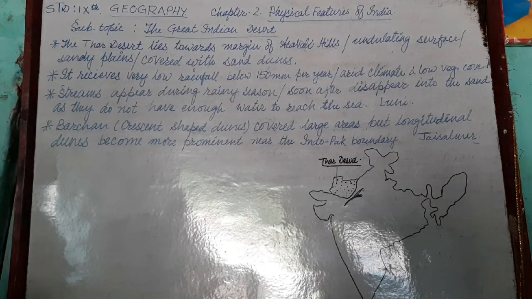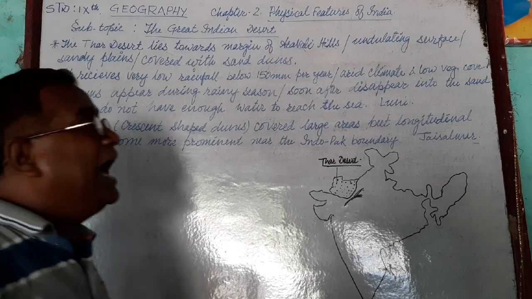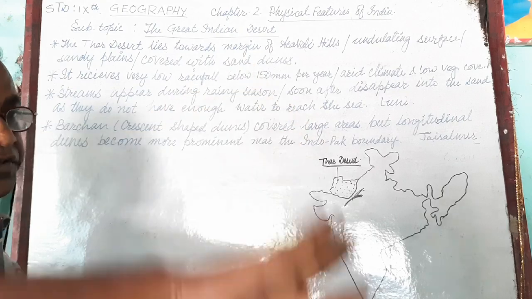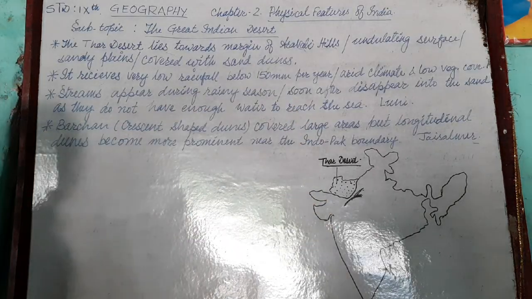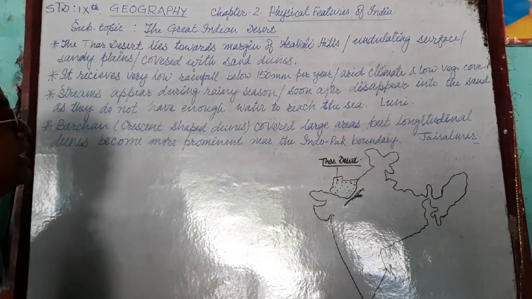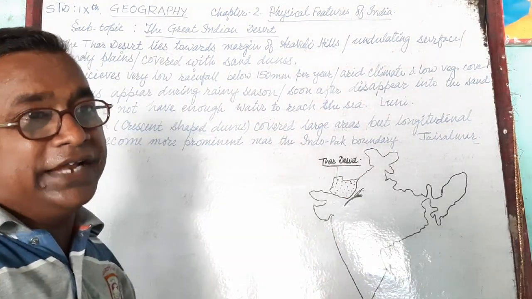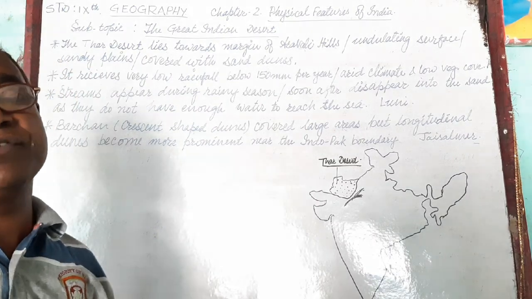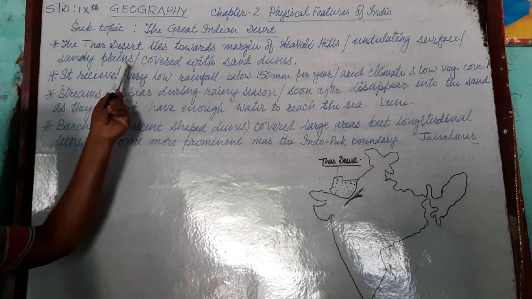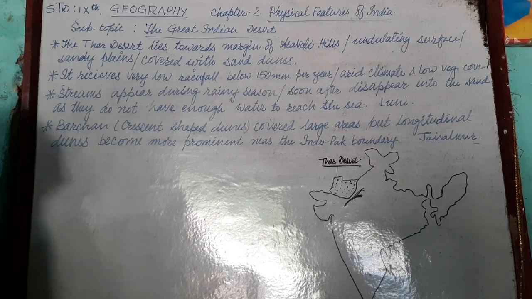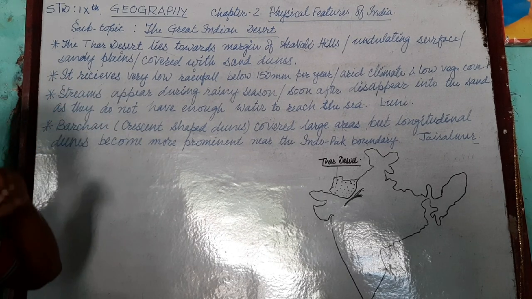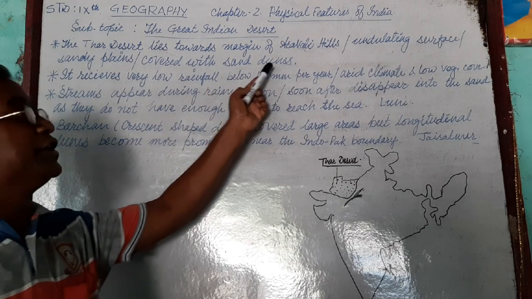The other feature of this desert is that it has an undulating surface. Undulating surface means a curved surface, with up and downward slopes. It is also a lowland where the amount of sand is very high, so it is also considered as sandy plains. The Thar Desert is covered with sand dunes.